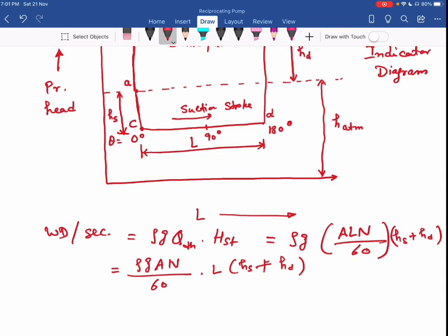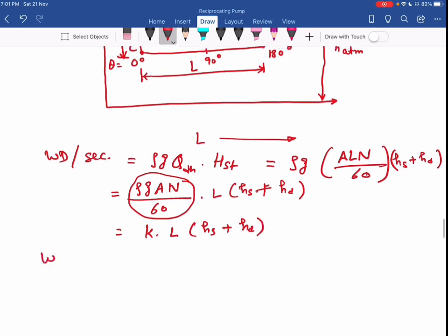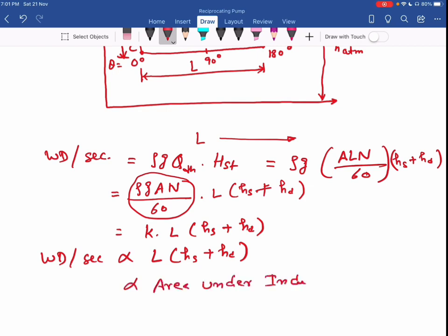Now when my pump runs at a constant speed and for a given area of cylinder, this term is constant. So I can write it as K L HS plus HD. Now I can say that work done per second is proportional to L into HS plus HD. So this is my area under indicator diagram.